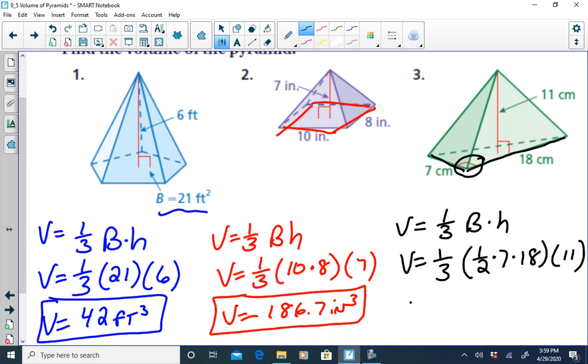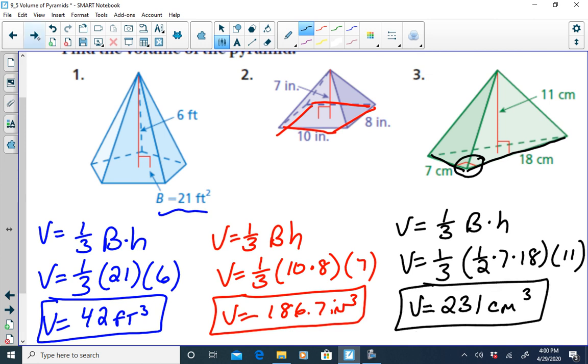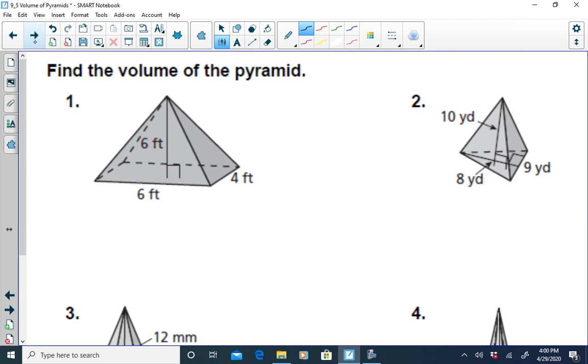That's going to be 11. So when we multiply 1/3 times 1/2 times 7 times 18 times 11, that's going to be 231 cubic centimeters. Okay? Let's try a few more examples.